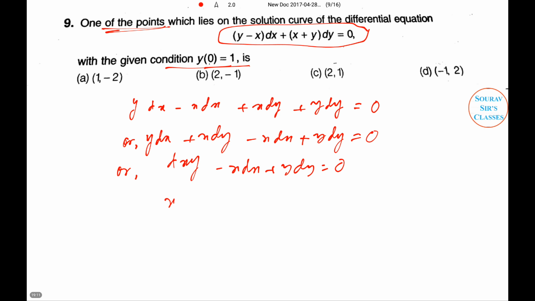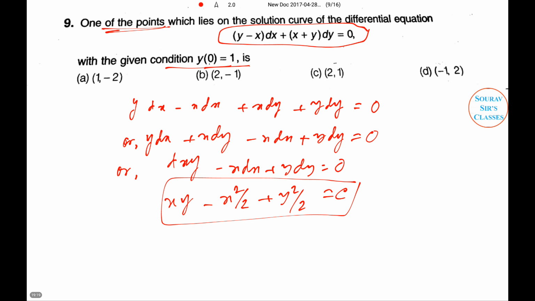If we just integrate this, it will become xy minus x square by 2 plus y square by 2, RHS has nothing, so that is C. So now putting x equal to 0 as they have given and y equal to 1, this will give C equal to half.